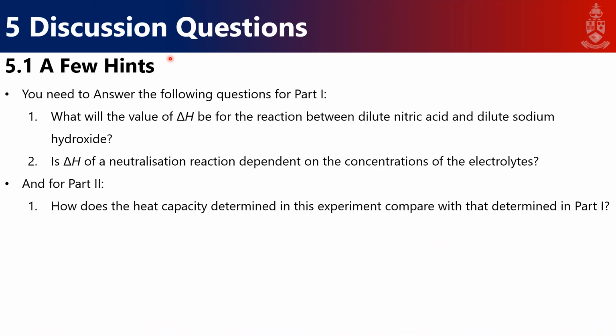Finally, just talking about the discussion questions, we look at part 1's discussion questions. What will the value of delta H be for the reaction between dilute nitric acid and dilute sodium hydroxide? My hint here is, we've looked at sodium hydroxide and a strong acid, HCl.